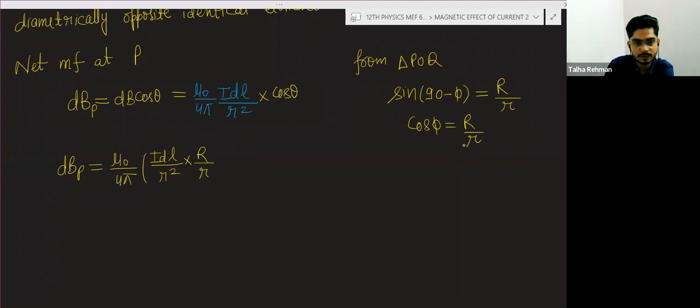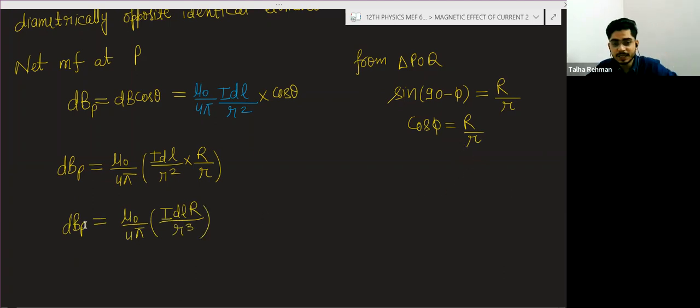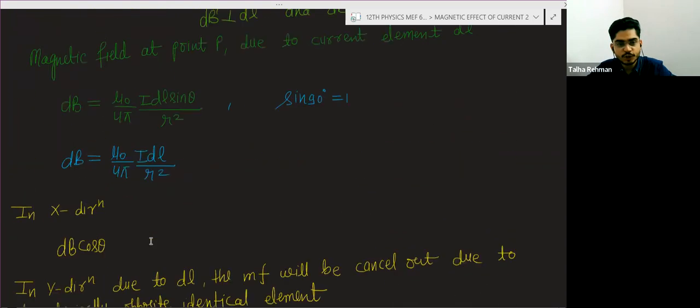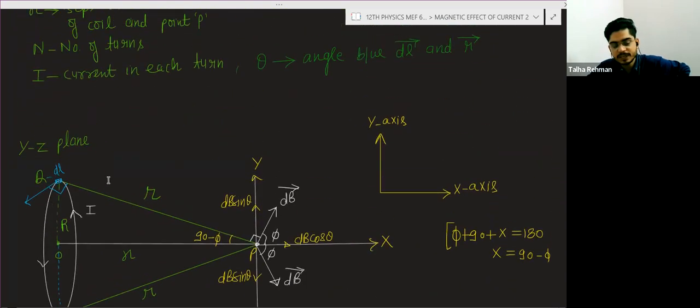Now at point P, the magnetic field is mu naught divided by 4 pi into I dl into capital R divided by small r. So this is the magnetic field at point P due to this current element dl.